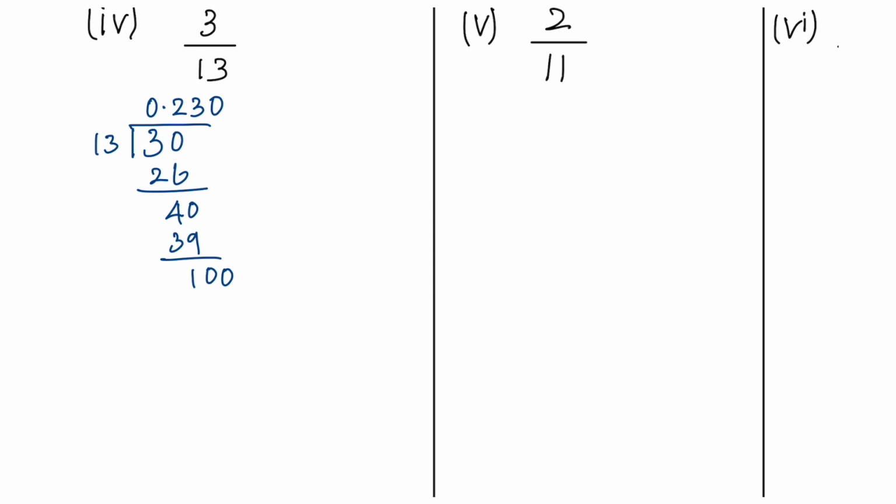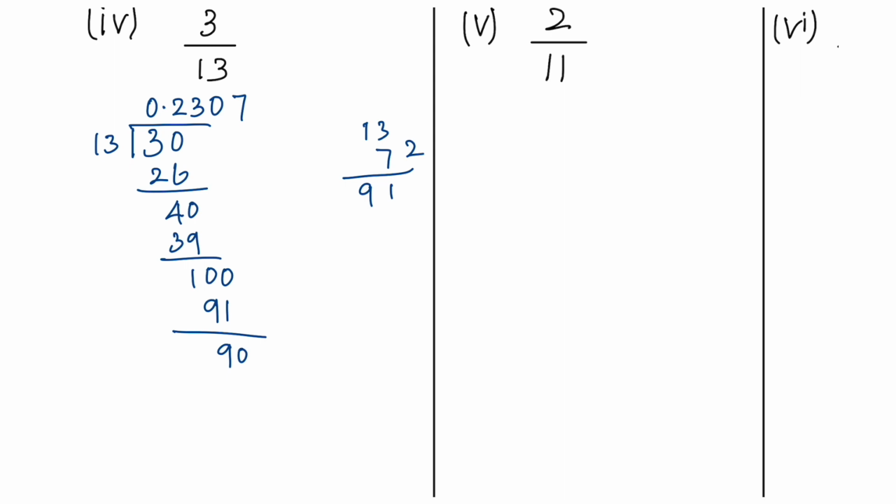That wouldn't work. 13 times 6 is 78. That wouldn't work. 13 times 7 is 91. Yeah, this would work. So 13 times 7 gives you 91 and that gives you a remainder 9.